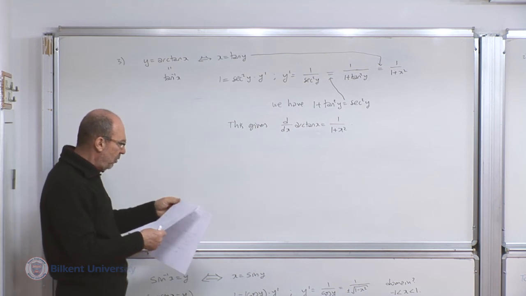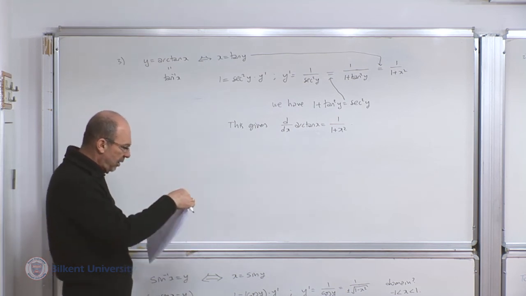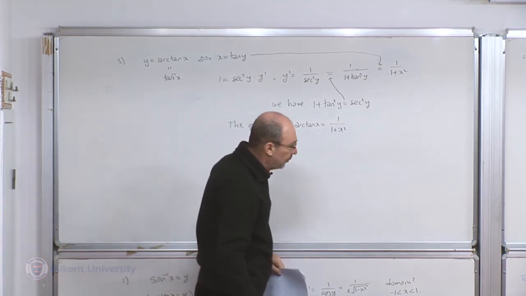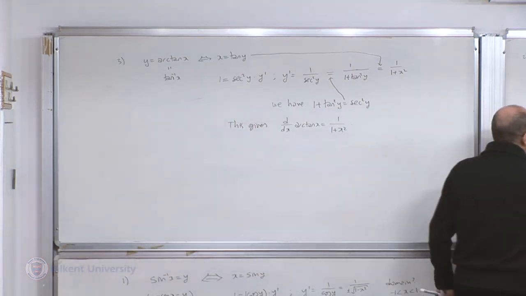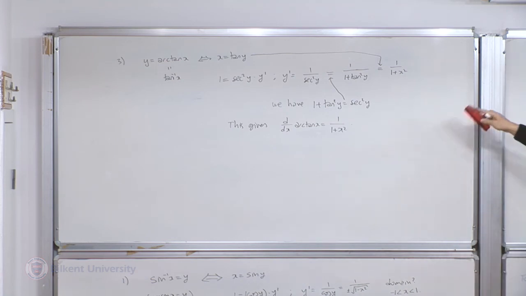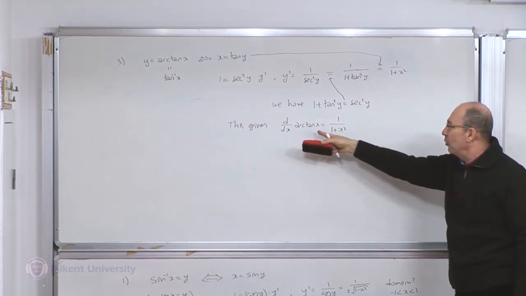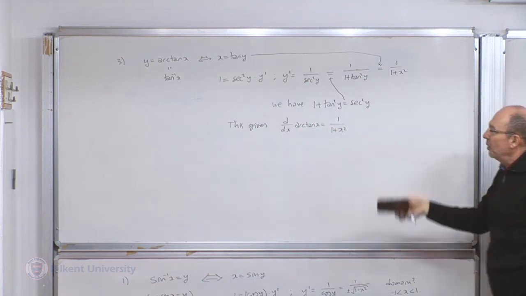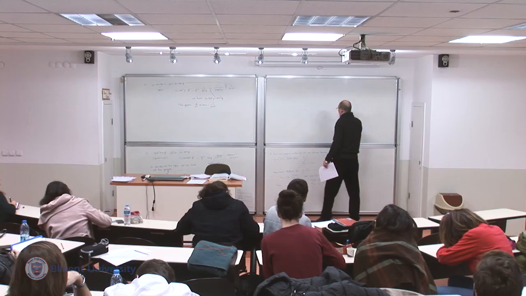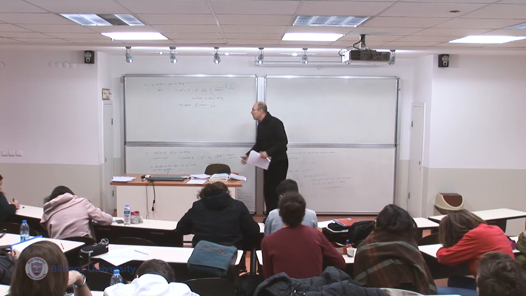Let me do quickly secant. Secant gives a new formula. That's why we do it. But for these, if you want to integrate, you want to look at the graph of this. There's an obvious path for the arctangent. But when it comes to secant, there is no easy way.